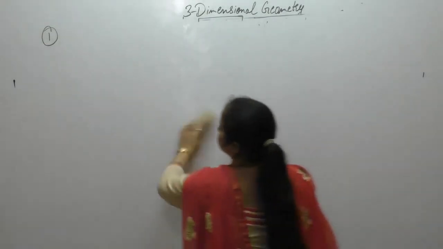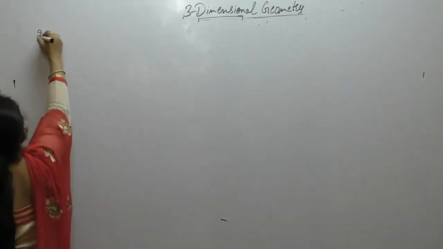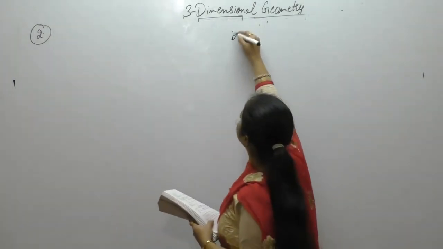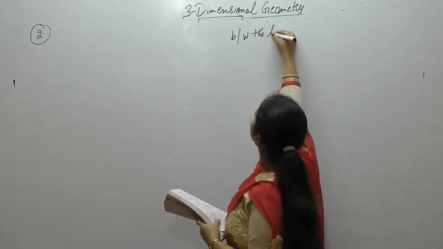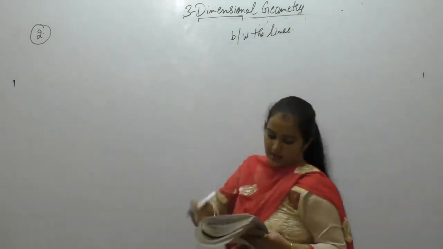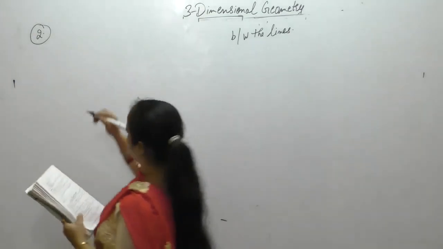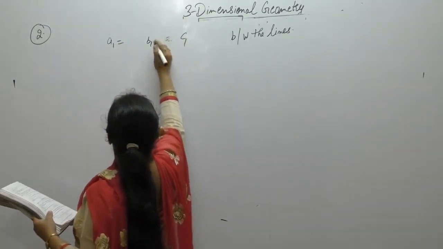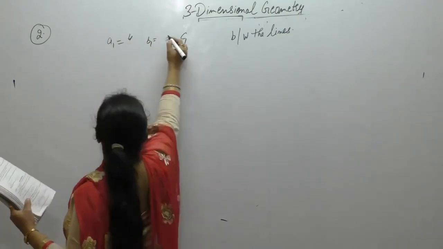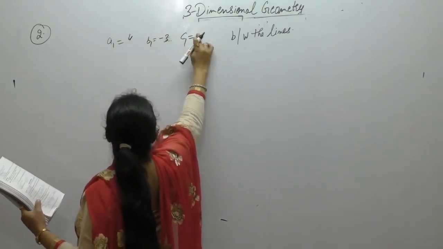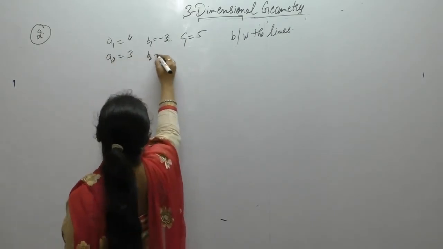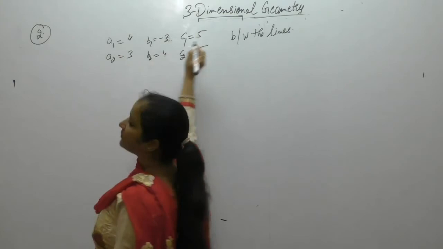Now the second one. Find the angle between the lines. Earlier we found the angle between the vectors. Now the angle between the lines whose direction ratios a1, b1, c1 are 4, -3, 5 and a2, b2, c2 are 3, 4 and 5.